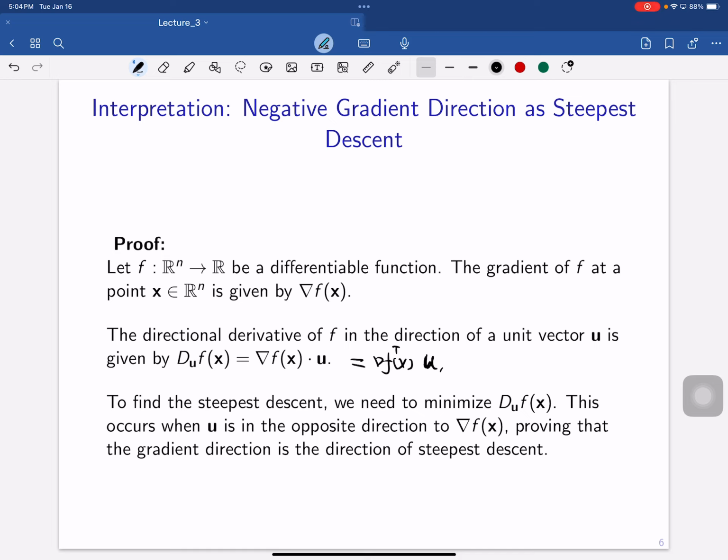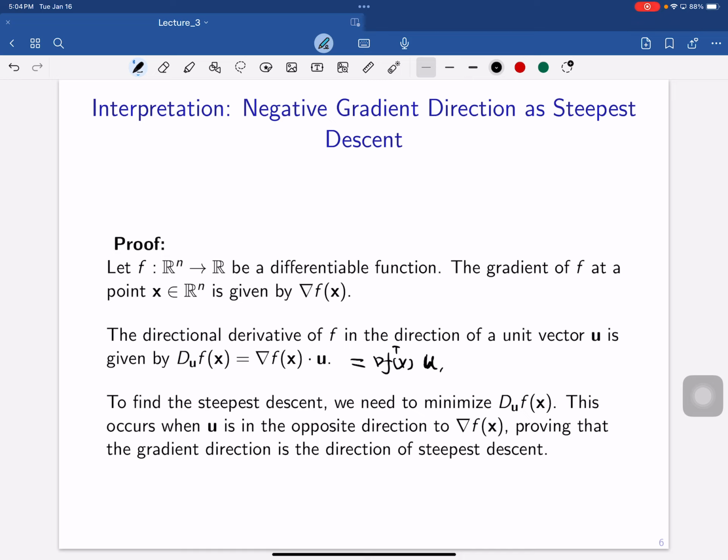Intuitively, we can have this visual interpretation. Here we have a contour plot. I'm sure you have seen contour plots before, maybe even in some geography class. Let's say you want to go downhill.